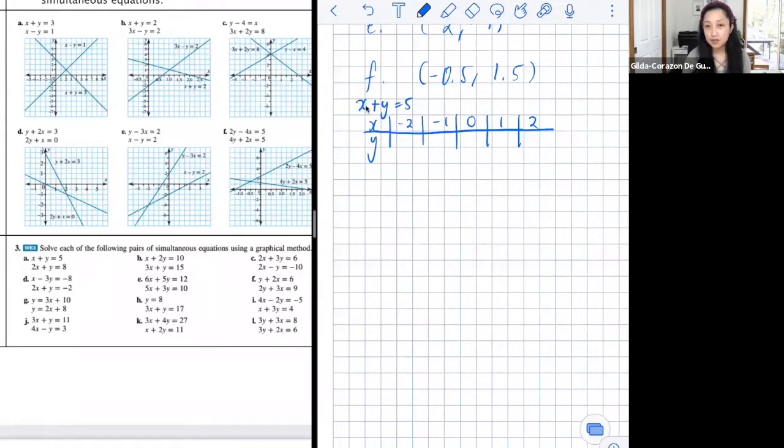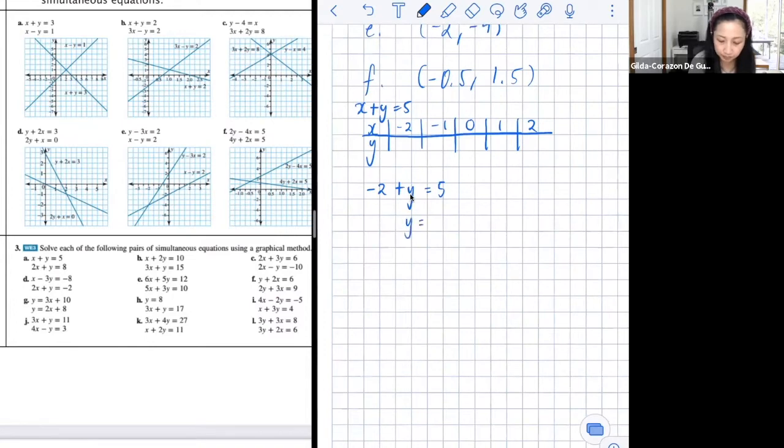We get -2 plus y equals 5, so we're looking for that missing number that we added to -2 to get 5. What would that number be? y must be 7, because -2 plus 7 gives us 5. So we write that as 7.